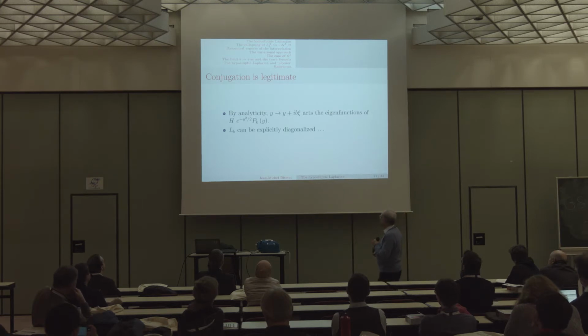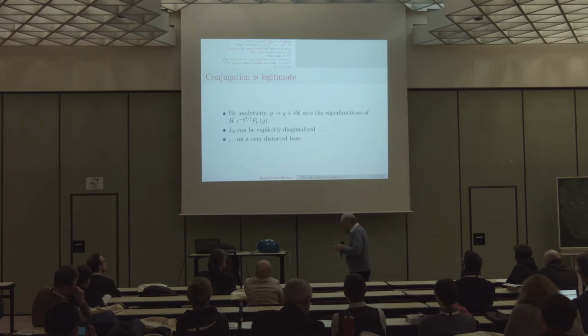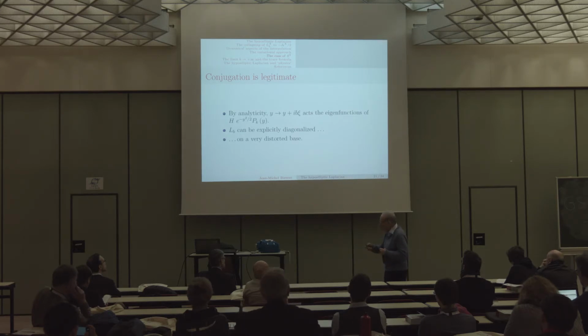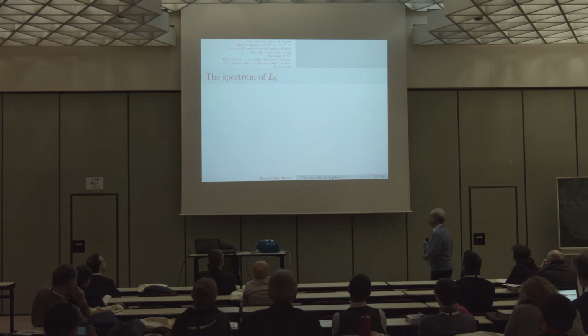And so ultimately, the operator LB, our original operator, can be explicitly diagonalized. It is on a very distorted basis with respect to the classical Hermite polynomials, or, in the case of the Laplacian, Fourier exponentials. Very distorted in the sense that the operator which maps one basis of eigenvectors to the other basis of eigenvectors is extremely unbounded.